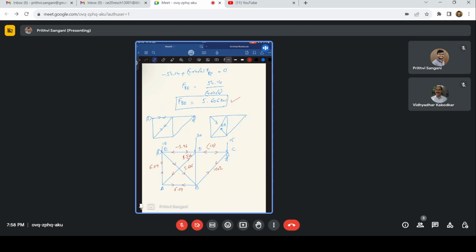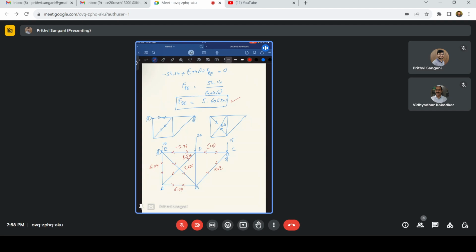Right now, let us just analyze for a determinate truss, and then we can try to include this for an indeterminate truss also. So this is a determinate truss. Let us say we have the length as 2 meters, and this is also 2 meters. We can also have external forces acting on it, but for this question, I take that there are no external forces.